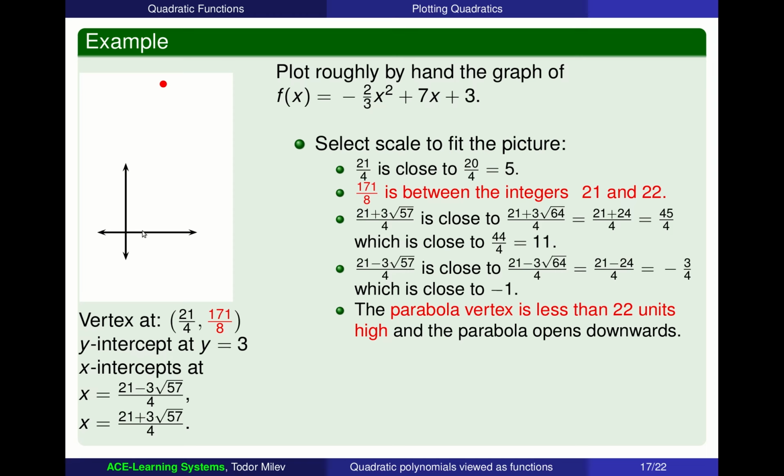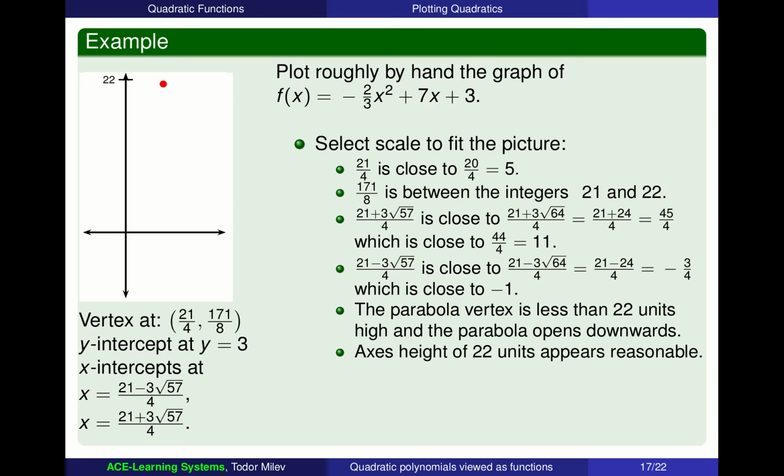You may even mark it, say this is 1 unit or something of the sort, and then later on you change your mind and rescale your picture. So in this case, I'm going to rescale the axis. I'm going to elongate them so that the highest point on my axis is 22 units. That's reasonable because the highest point I'm going to have to draw is about 21 units, between 21 and 22 units.